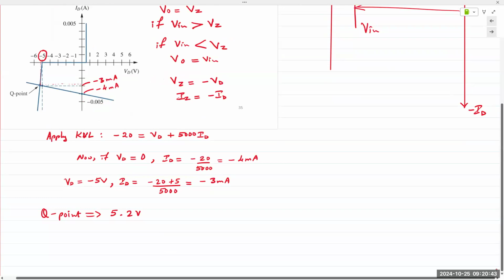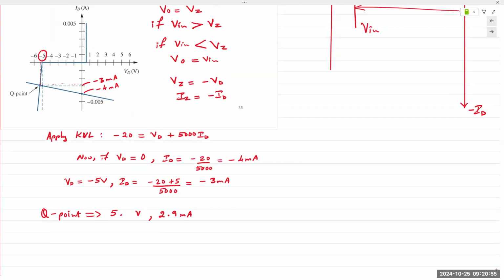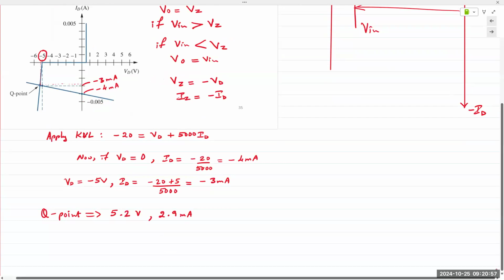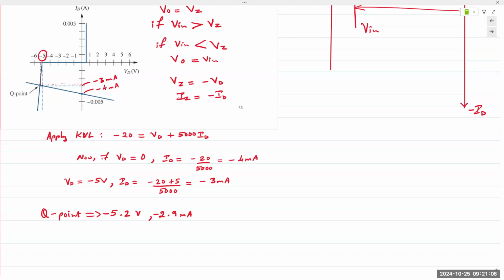So you could say maybe 2.8, 2.9 perhaps, and 2.9 milliamps. Oh, and they are both, of course, negative. The minus 5.2 and minus 2.9. Thus, we find the operating point voltages and current for that Zener diode.